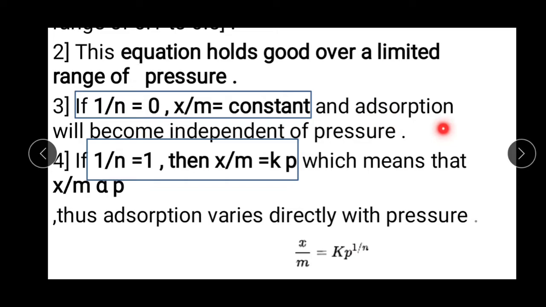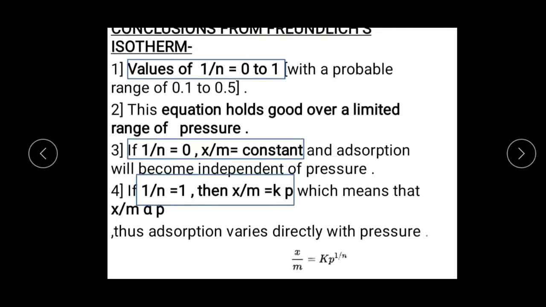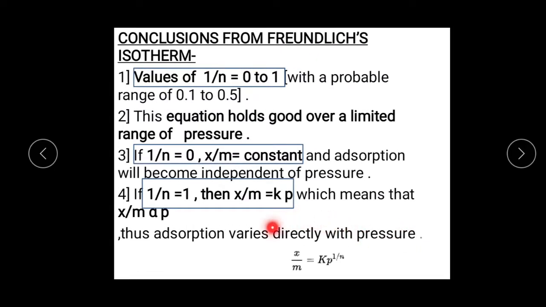It means adsorption becomes independent of pressure. If we keep 1 by n equal to 1, then x by m becomes equal to k into p, which means that x by m is directly proportional to p. Thus adsorption varies directly with pressure in this case.